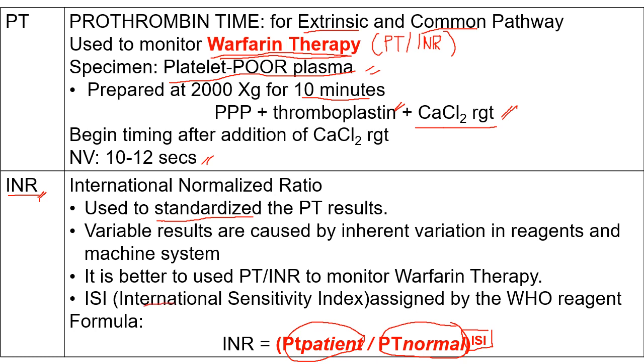Sino ang magsaset nito? Yung WHO standard doon sa reagent. Kasi iba-iba nga yung reagent natin. So, huwag kakalimutan yung formula. PT ng pasyente over PT of a normal individual raised to the power of ISI.